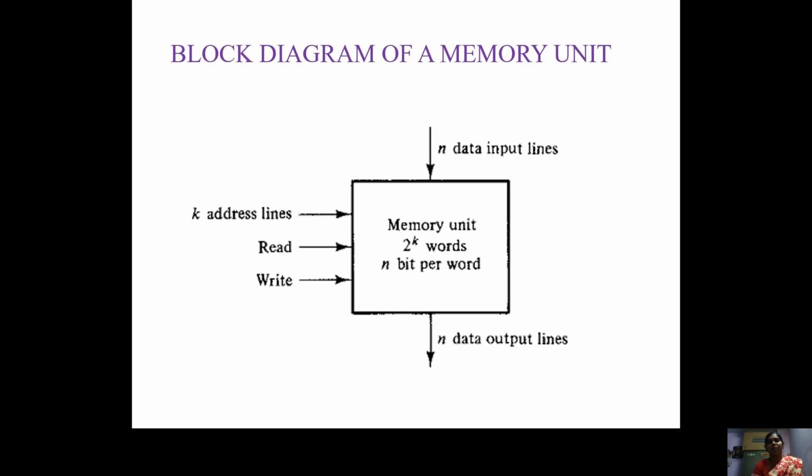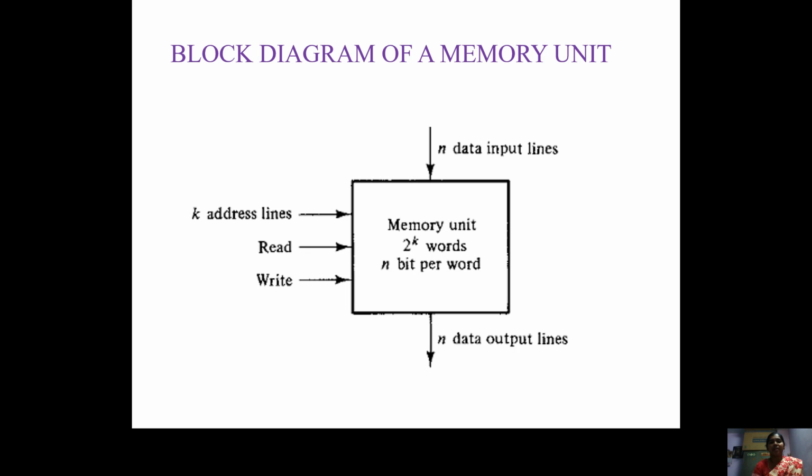Whatever we are going to write is given on the n data input lines, and whatever data we wish to get out of the memory can be seen at the n data output lines. From which location we need to get that data is specified by the k address lines.